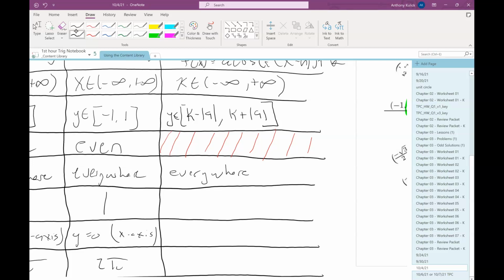Vertical stretch or shrink. Remember, that's controlled by the A, and it's multiplicative. So the amplitude was 1 before. Now it's going to be the absolute value of A. Notice that I'm writing these as absolute value A's. Remember that A can be positive or negative, but the amplitude is a distance. That's why we just stuck the absolute value around it. Everybody okay with that?